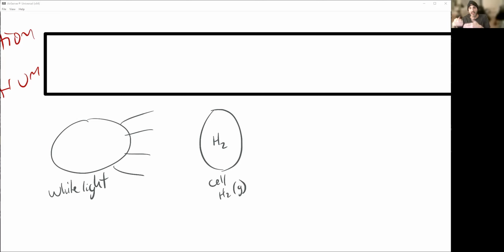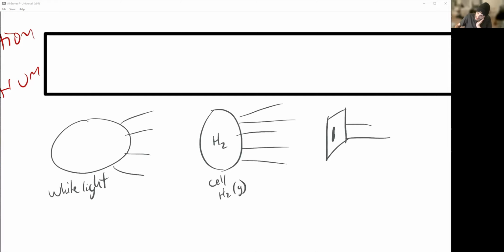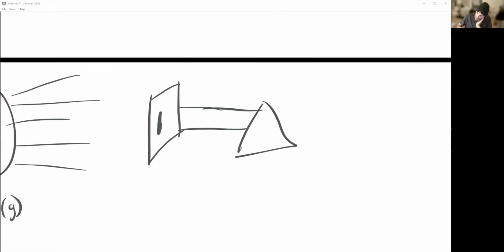What that means is the hydrogen is going to absorb specific wavelengths, we hope, to mimic what we just saw. And again, because it's going to do that, we're going to take a look at the light that's coming through here. And of course, we always want to collimate it, so we're going to need that slit that we had. And that slit is going to be sent through a prism. When we send this through a prism, what do we see?